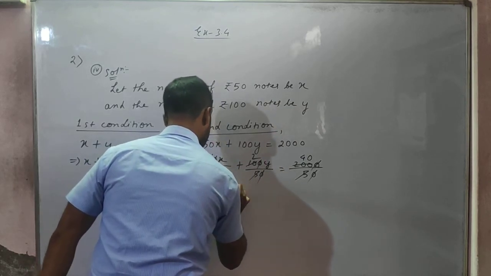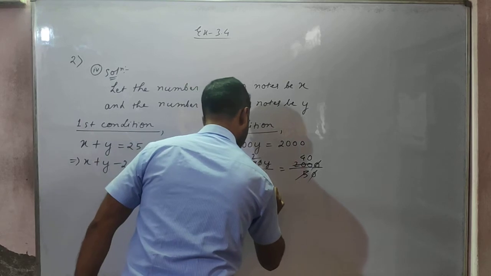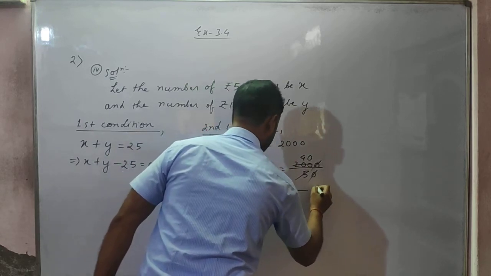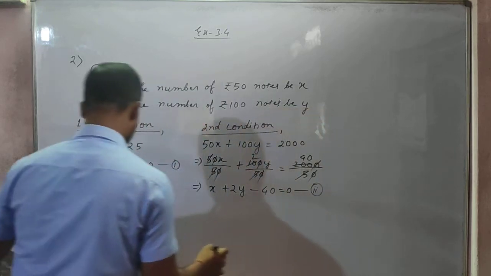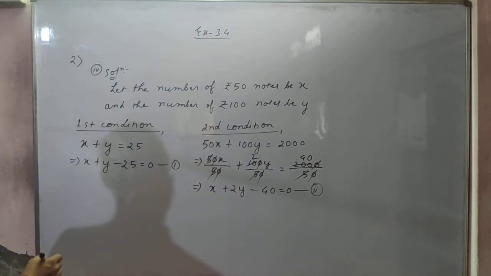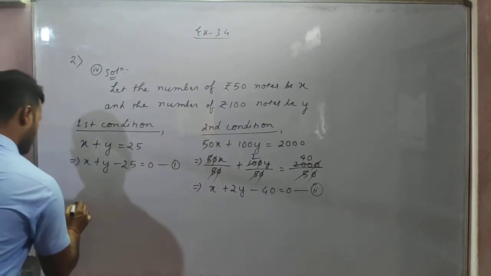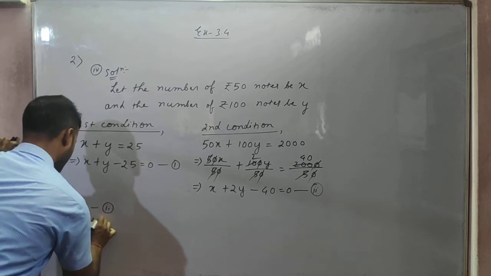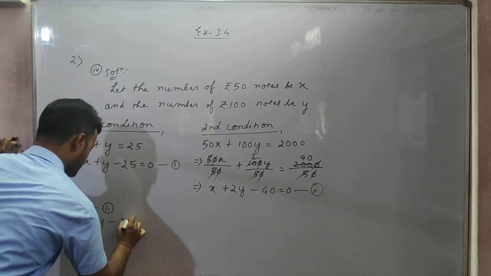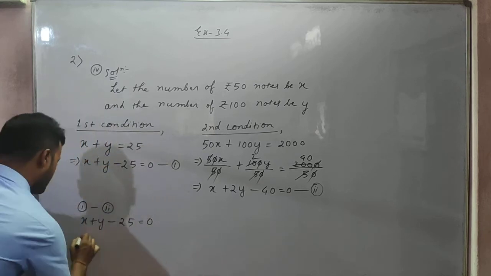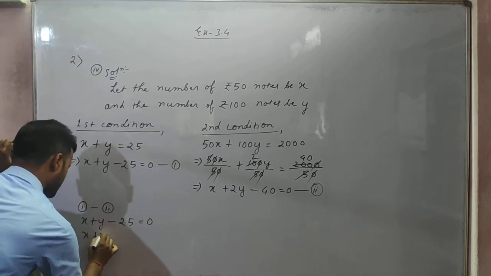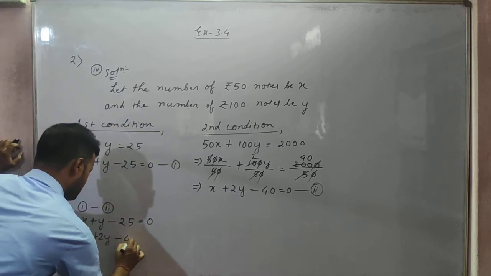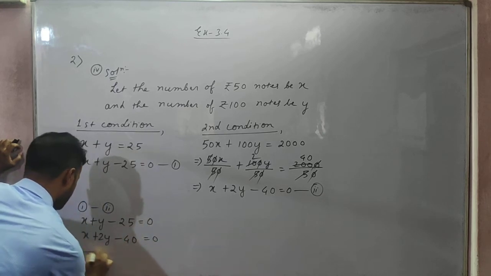So x plus 2y minus 40 is equal to 0, mark number 2. Now students, we will do 1 minus 2. So x plus y minus 25 is equal to 0, and x plus 2y minus 40 is equal to 0.